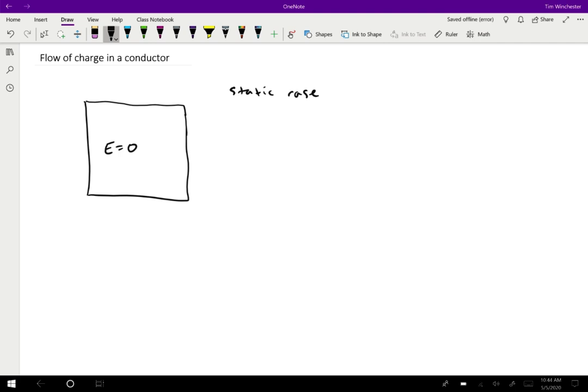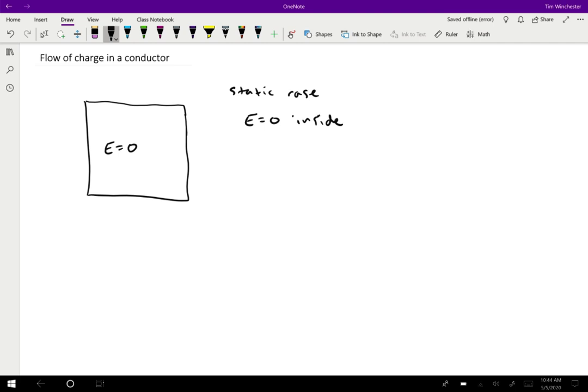But for now, we want the charges to be more or less wherever they're going. Okay, so essentially the argument here then is that if the electric field is not 0, then it's not static. Okay, so the electric field is 0 inside the conductor.